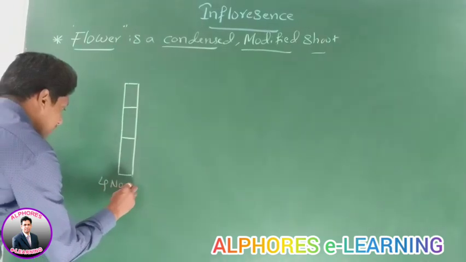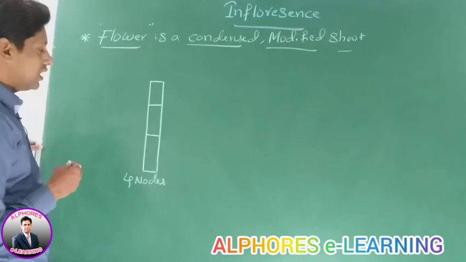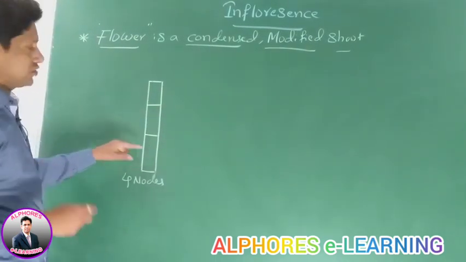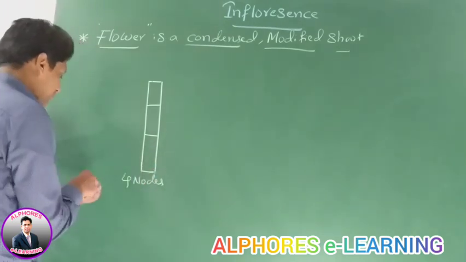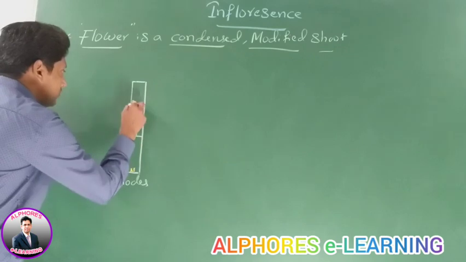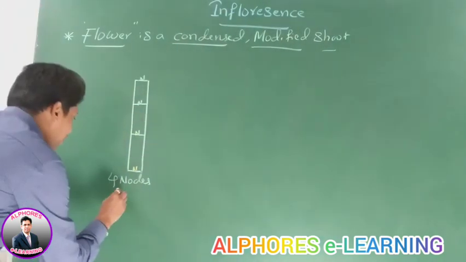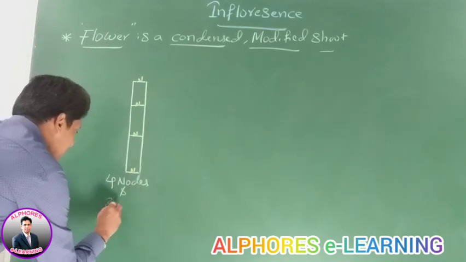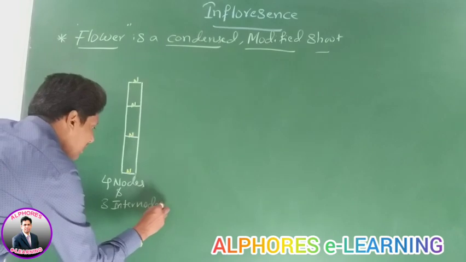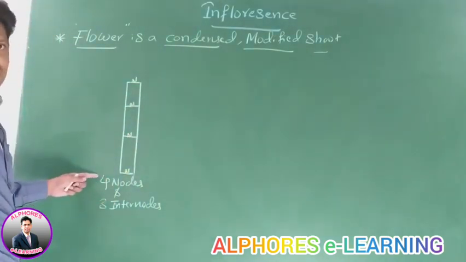Automatically, how many internodes does it have? 3 internodes. Therefore, this is a node, this is a node, and this is a node. So 4 nodes and 3 internodes are present. Sir, this is a stem with 4 nodes and 3 internodes, right?